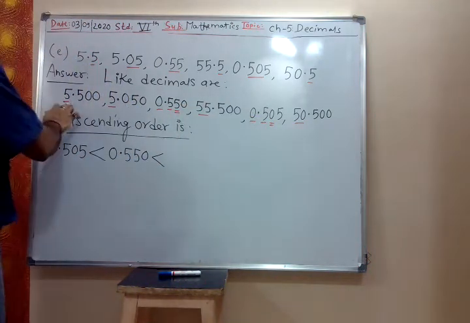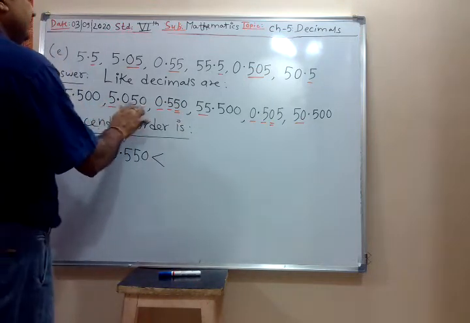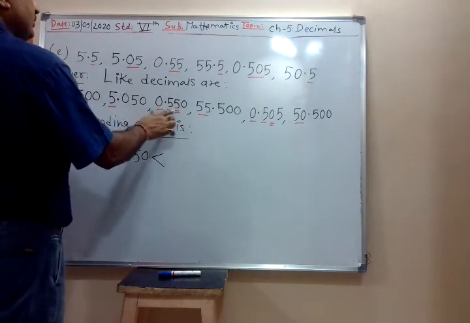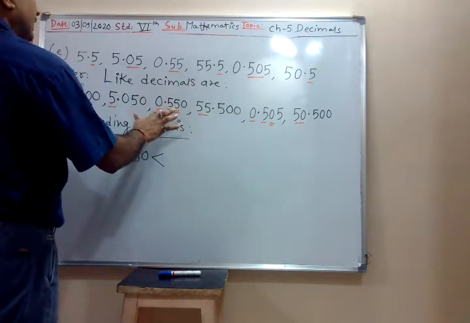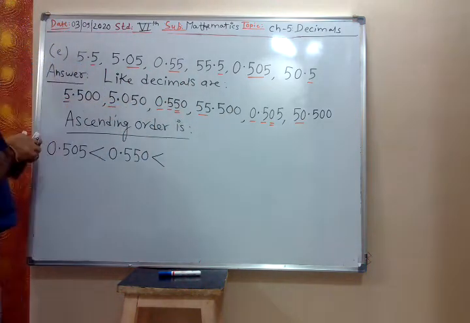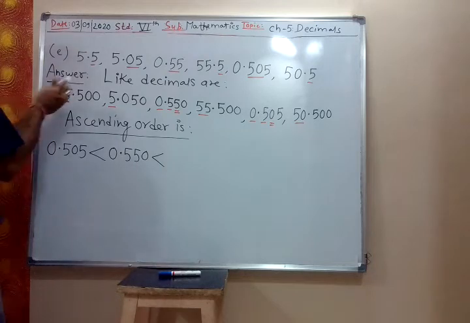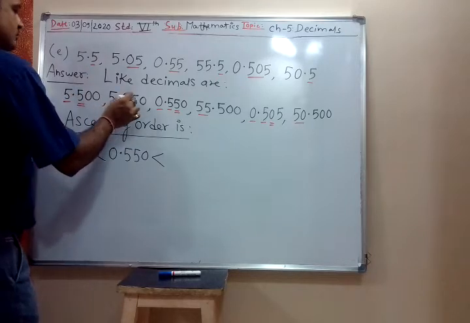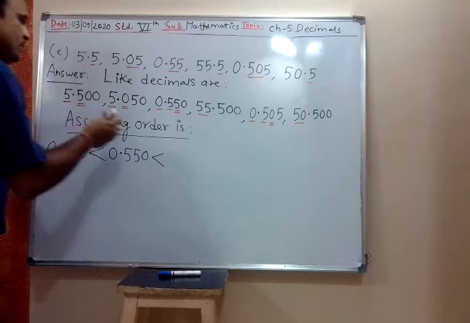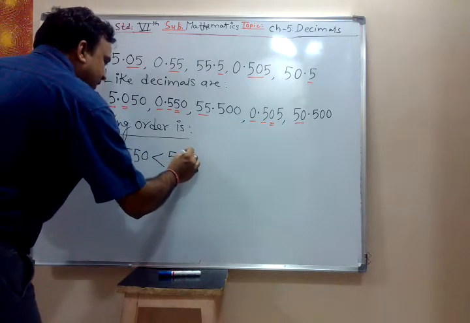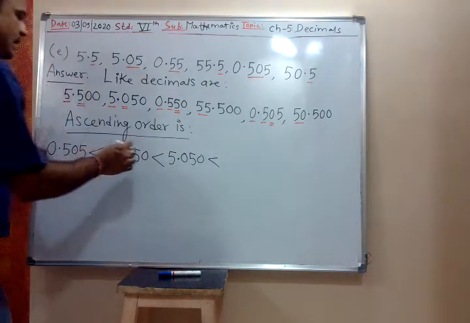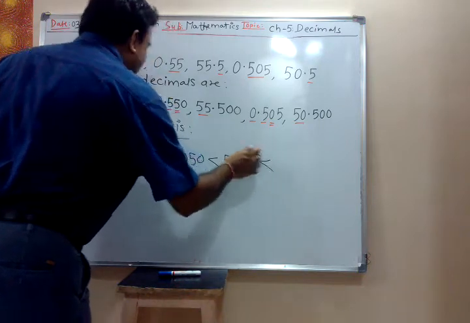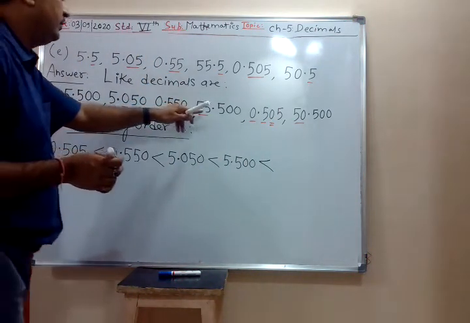Now 5.550, 5.050, 55.500, 50.500. After 0, these two: 5.5 and 5.05. Let us find the smallest. Before the point these two are the same. Now after the point it is 5 and it is 0. So this is smallest. So 5.050 is less than 5.500.